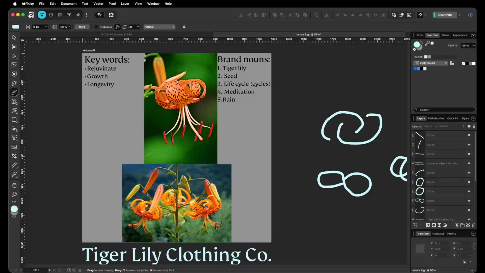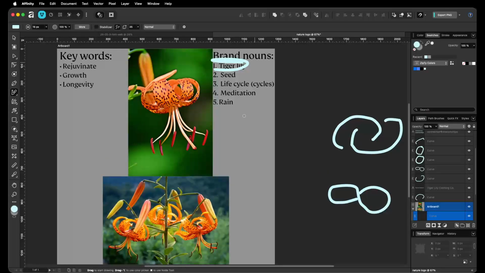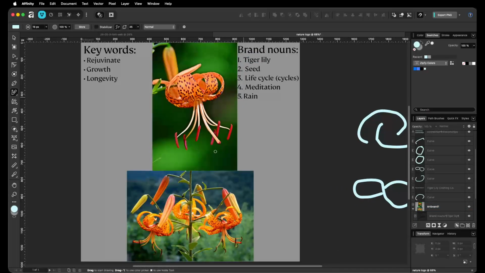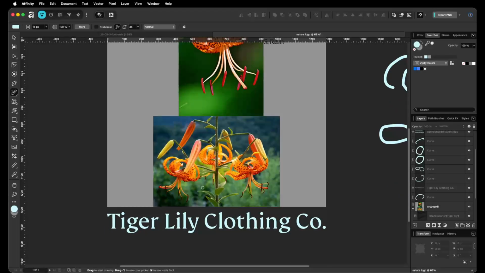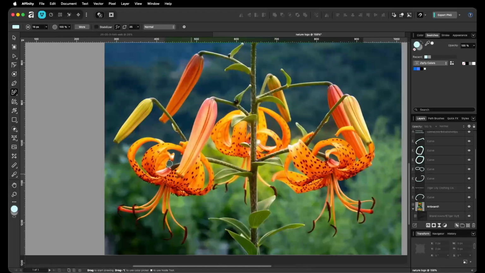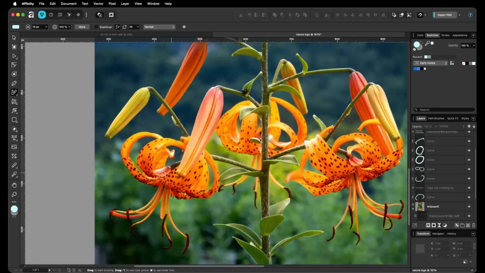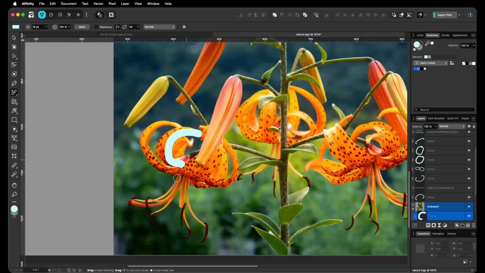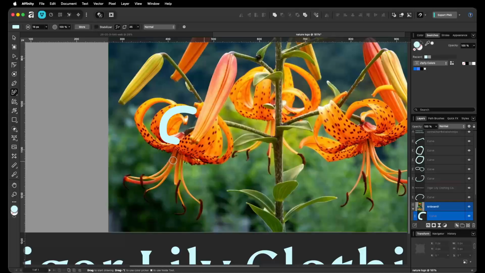I know that I'm choosing the tiger lily as my brand noun. So I'm going to draw over these and see what we can observe here. The thing that's unique about a tiger lily is that the petals curve backwards, and then these, I don't know what these are called actually, but I don't want to call them antennas, but they're kind of like antennas, from the core of the flower.